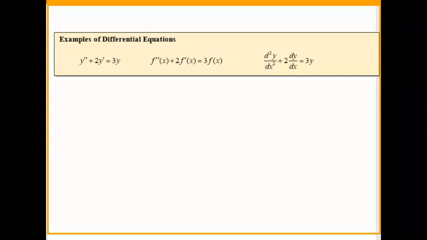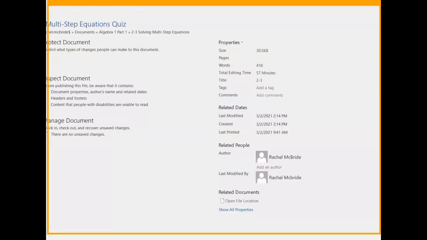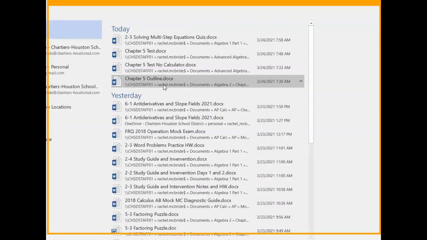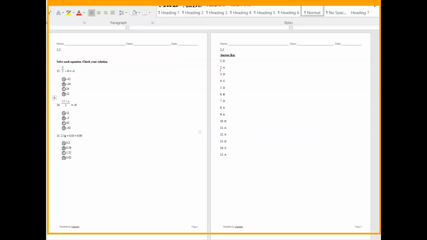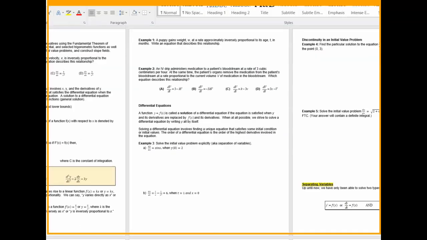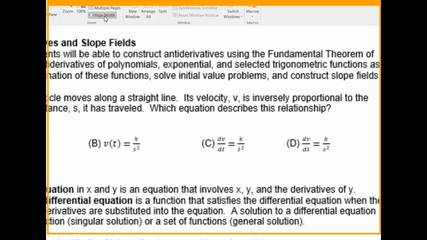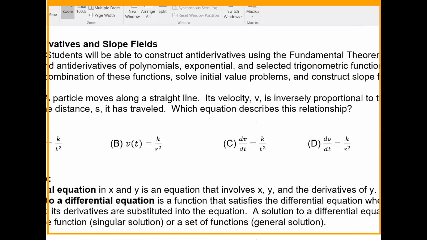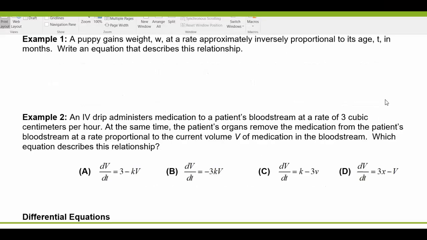Again, we have this idea that these functions are going to have some sort of inverse proportional properties reflected among them. A puppy gains weight at a rate approximately inversely proportional to its age. Write an equation that describes this relationship.